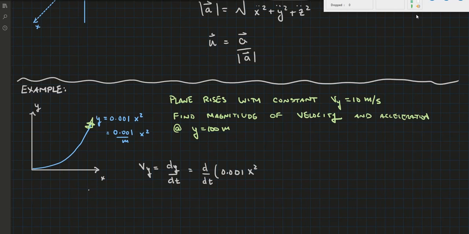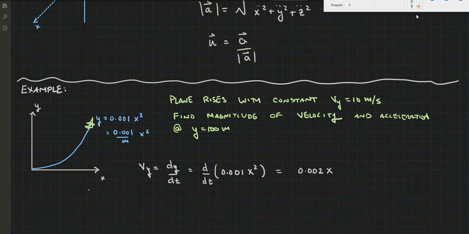0.001 x squared. Now notice x is also a function of t, so I'll have to keep that into consideration. But this equals 0.002 x.